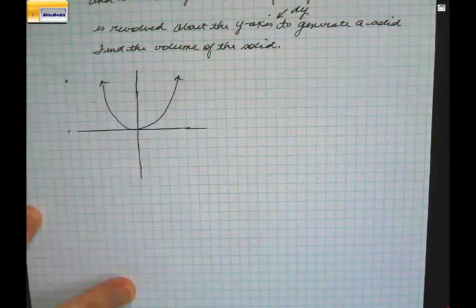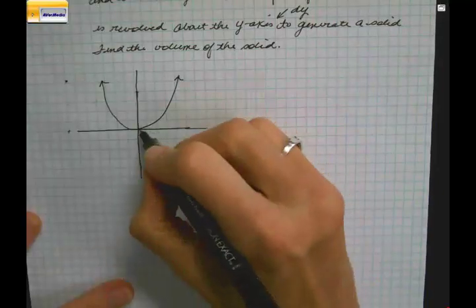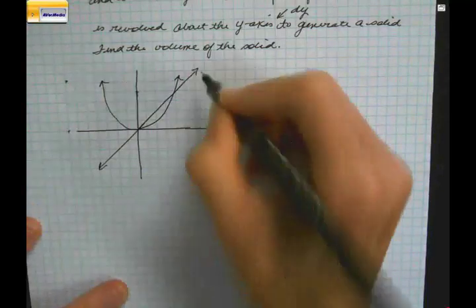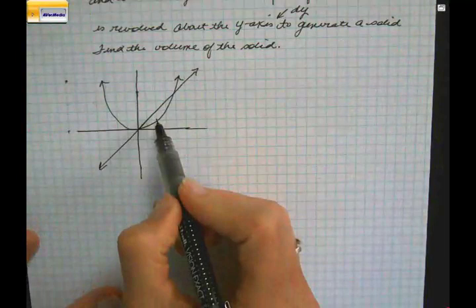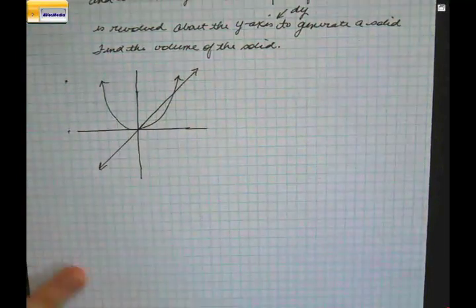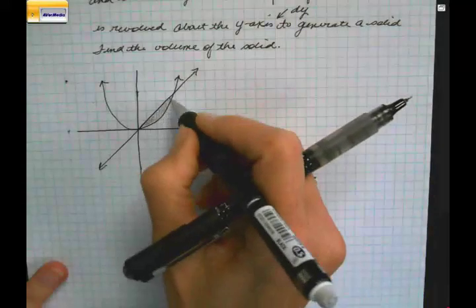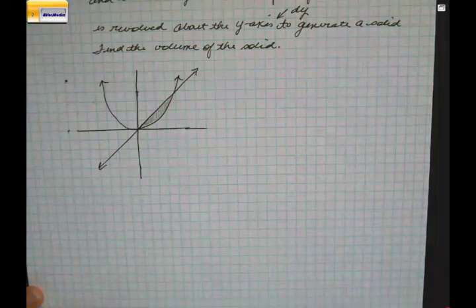I'm just going to throw it up here. And the line y equaling 2x. Something like that. And it must be in the first quadrant. Voila. There it is. This region right here. Spin that thing around the y-axis.